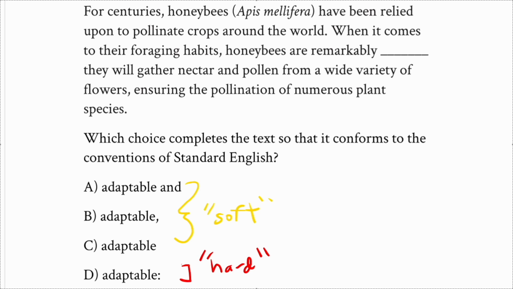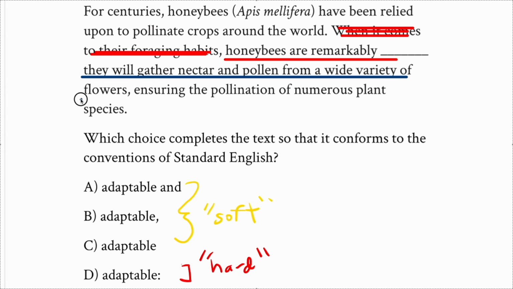So let's read it again. Honeybees are remarkably adaptable. That's certainly an independent clause. And notice we're just ignoring that. That would be a dependent clause. We're just ignoring that. Honeybees are remarkably adaptable. They will gather nectar and pollen from a wide variety of flowers. And then we can ignore that. That would be, I believe, a participle phrase.